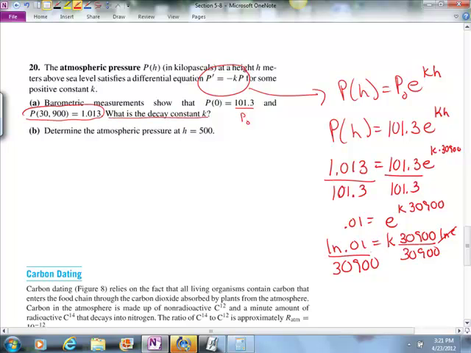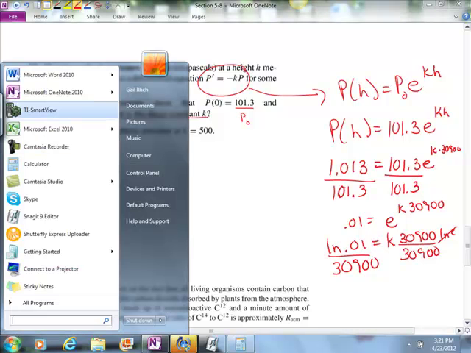If you want, you can type that into your calculator. Let me get a big calculator out here.